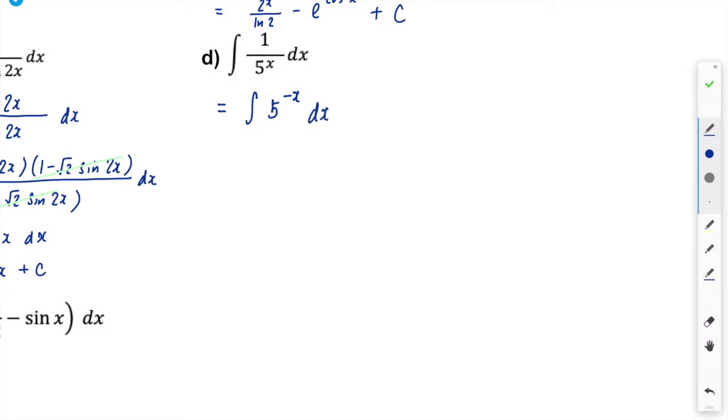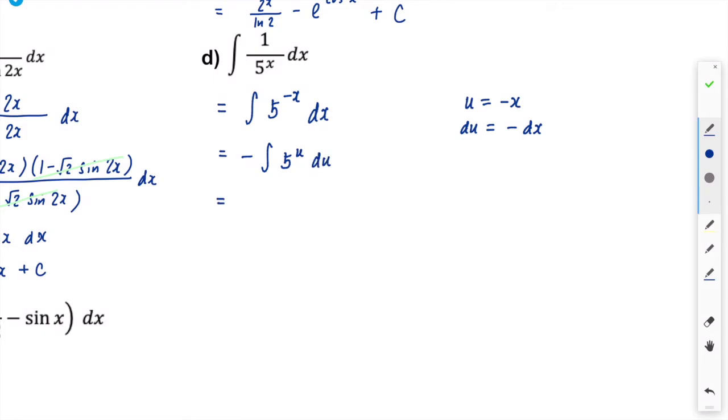Looks close enough to the exponential function that we're familiar with, but not yet, because instead of having a positive exponent, I have a negative exponent. So if I let u be negative x, du would be negative of dx. And I have negative of 5 to the power of u du.